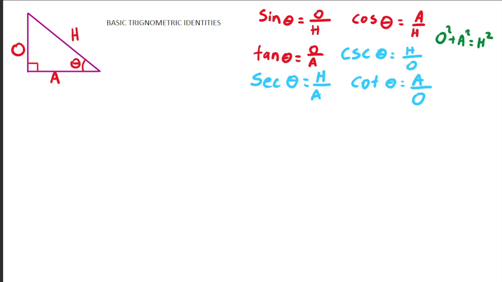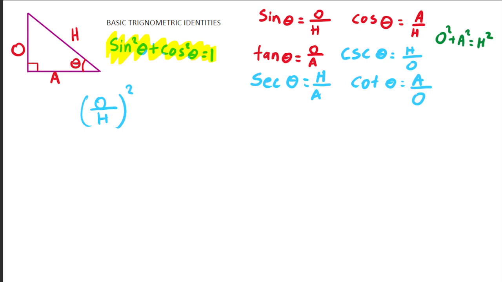So the trigonometric identities we're going to be proving today are sine squared theta plus cos squared theta equals 1. So that's the first one we're going to be doing today. We know that sine theta is O over H, so we can just write O over H whole squared because it's sine squared theta.